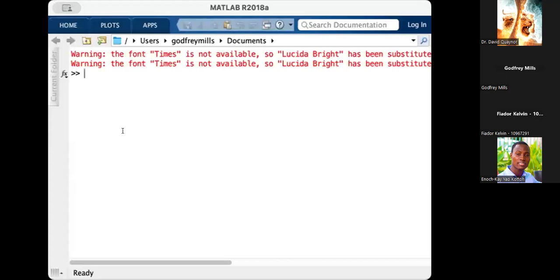You see the MATLAB has opened now. So let me share the MATLAB with you. I'm going to use the MATLAB tool now to do something.